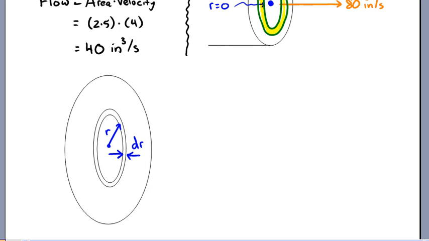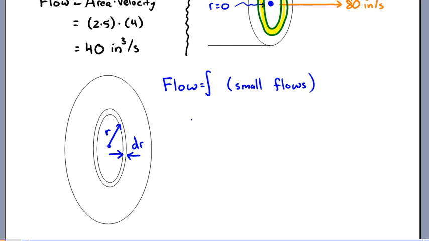Okay, I think it's time to go and do this integral. Our overall amount of flow, I'm going to have to integrate a whole bunch of small little flows. I'm going to just add up each flow from each little onion ring there.